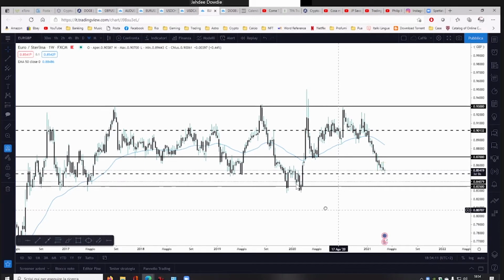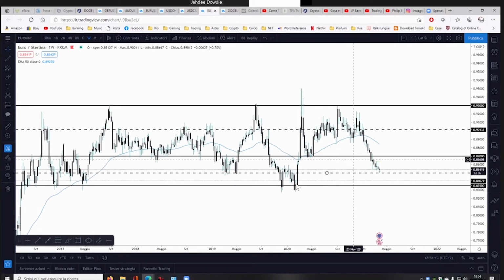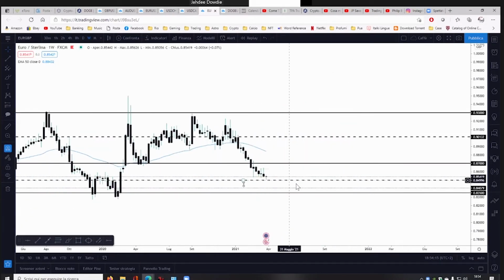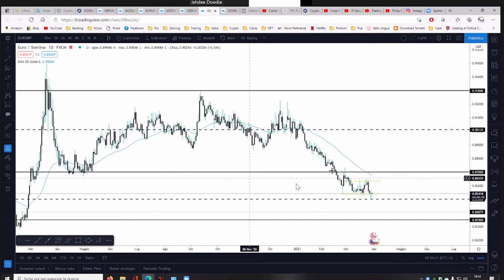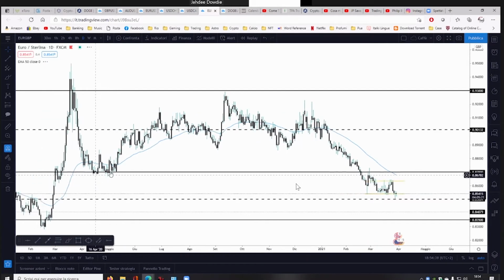For example, a few days ago, the price reached this area, this is euro pound. To be honest, I was expecting that the price would pull back again, as you can see here: support, then a big move until here.